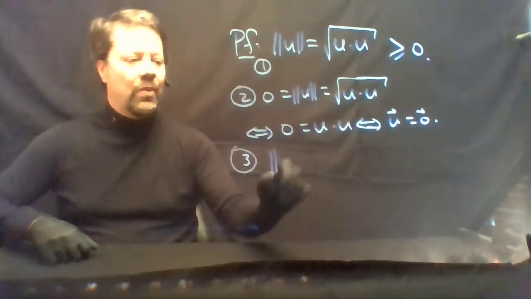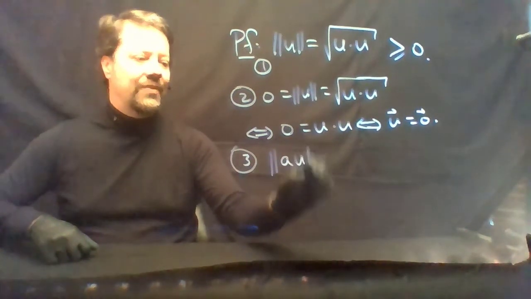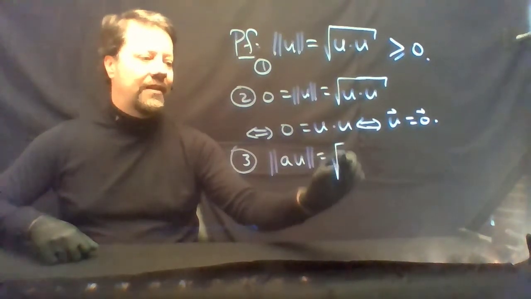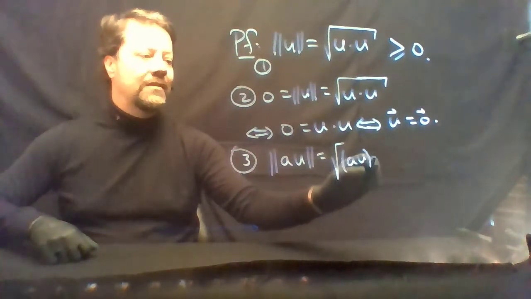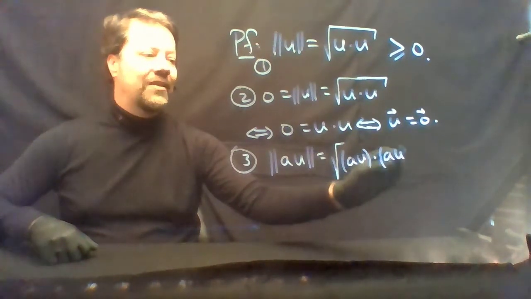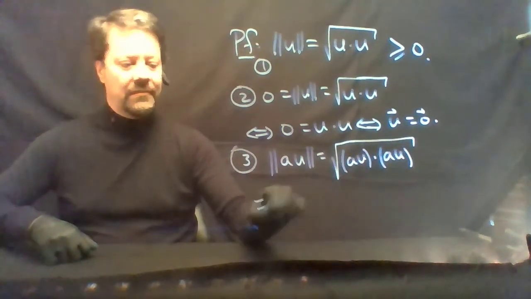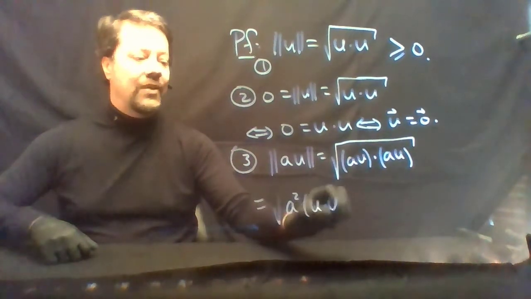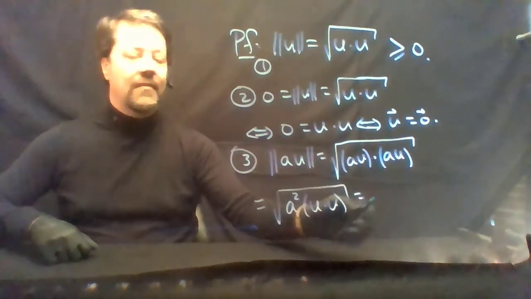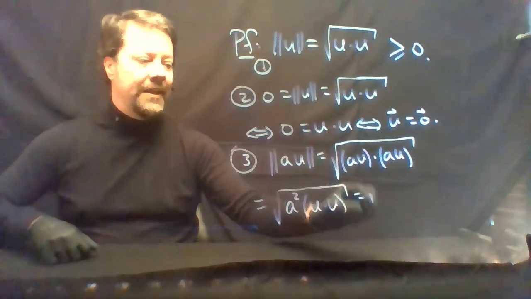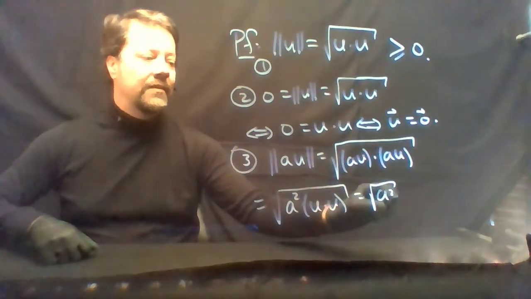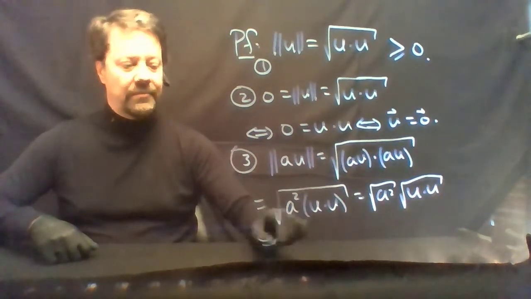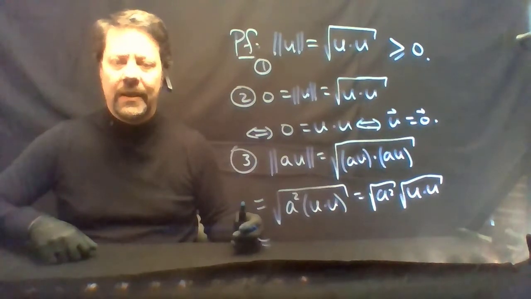So, the norm of a scalar times u, think of it this way. It's the square root of scalar u dot scalar u, which is the square root of scalar squared times u dot u. The square root can be broken up into two pieces, the square root of a squared and the square root of u dot u. What is the square root of a squared?